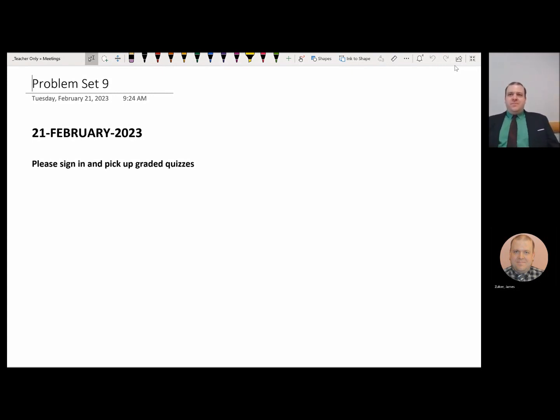You have the tangential acceleration, which is in the direction of motion. And then you have the centripetal acceleration, which is always toward the center of the curve. Right, so it's perpendicular to the direction of motion.